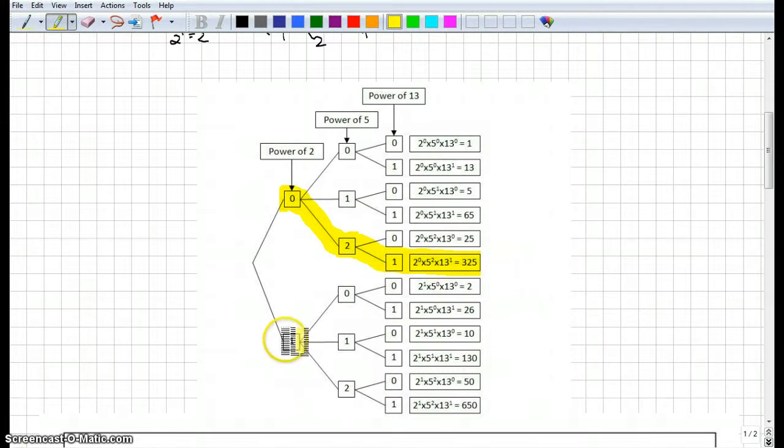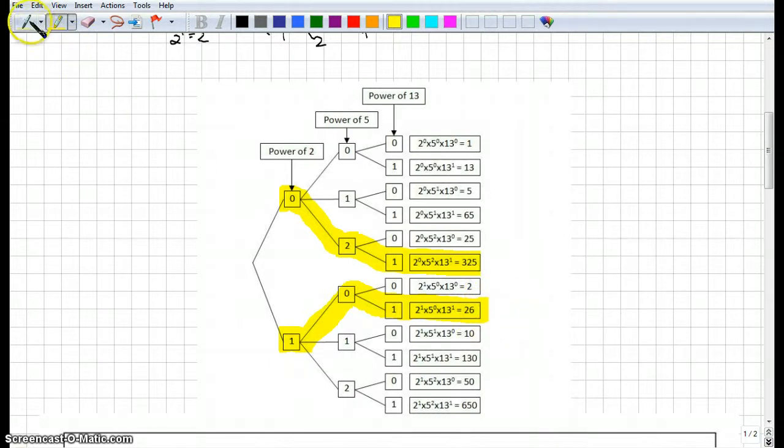If we look at another case, here we have 1 2, we have no 5s, and we have 1 13, which gives us 26. So each one of those branches on the tree is going to give us a unique divisor of 650.